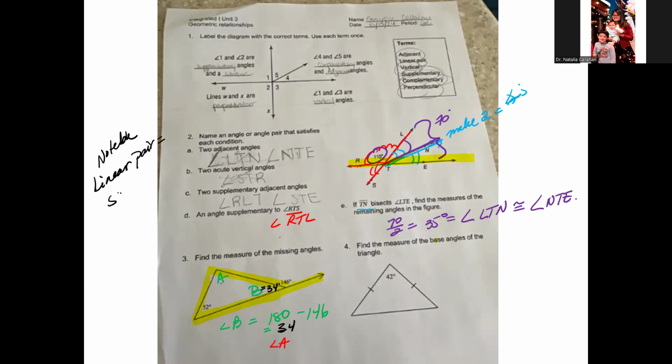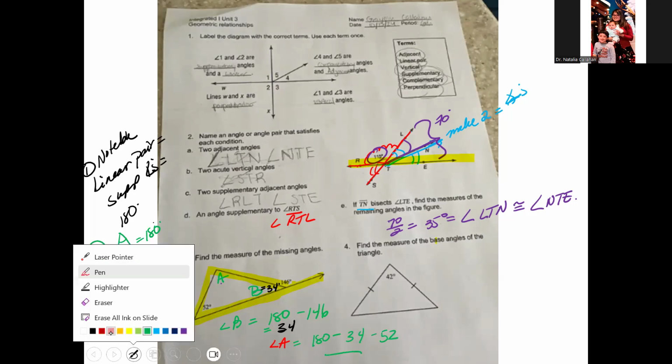Linear pair equals supplementary angles equals 180, right? That's one. Number two, all angles inside a triangle equal 180 degrees. So if this is 52 and this is 34, angle A is 180 minus 34 minus 52. Does that make sense? So you figure out what that is, okay?